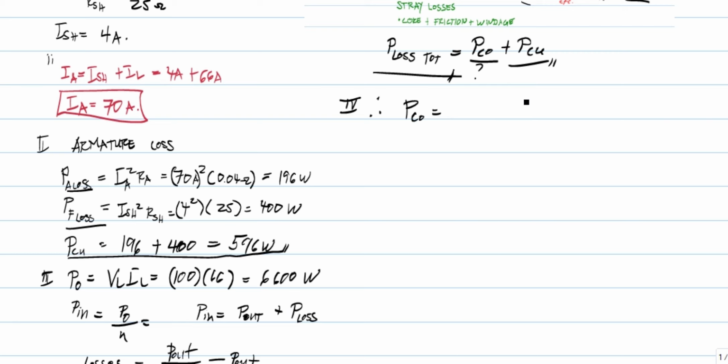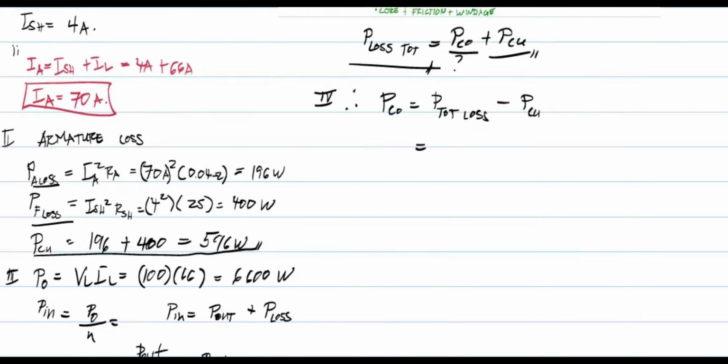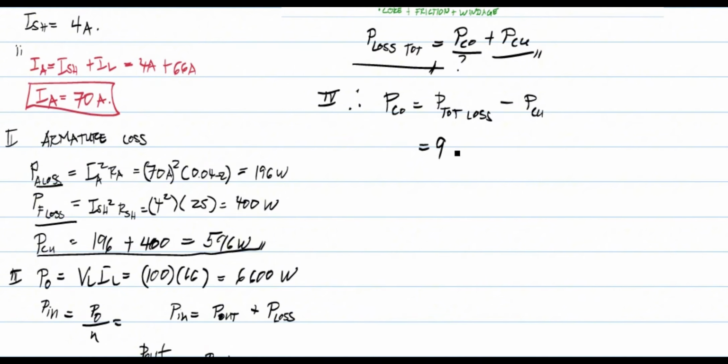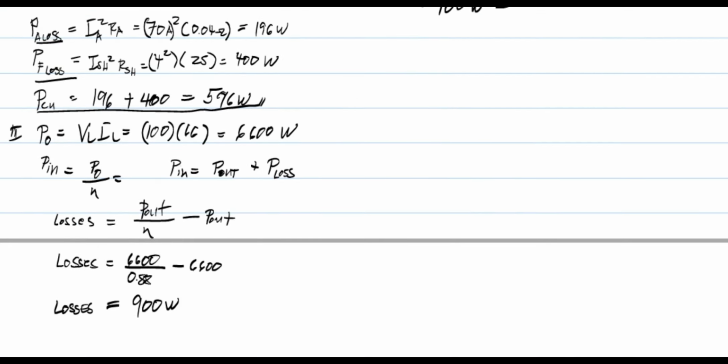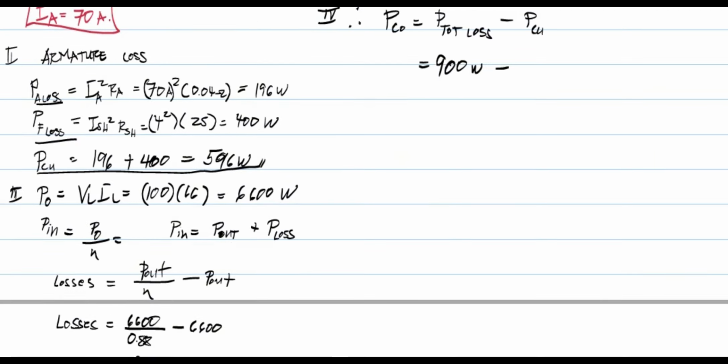we can now have P total loss, 900 watts, minus the total copper loss of 596 watts.